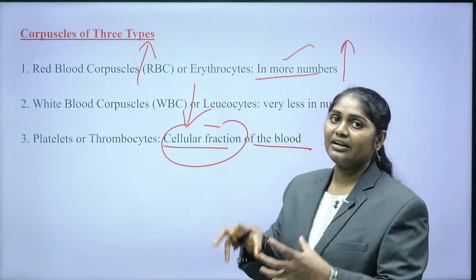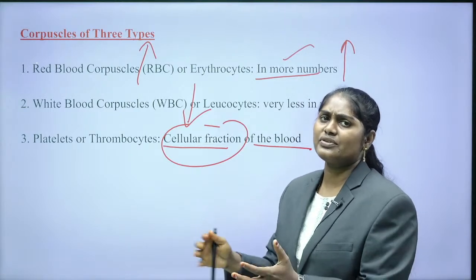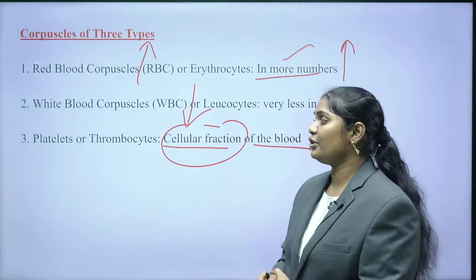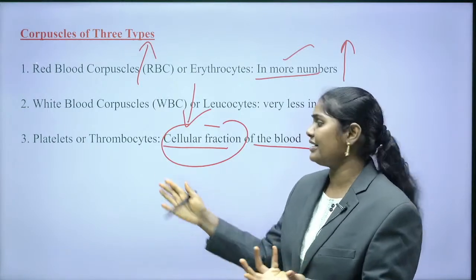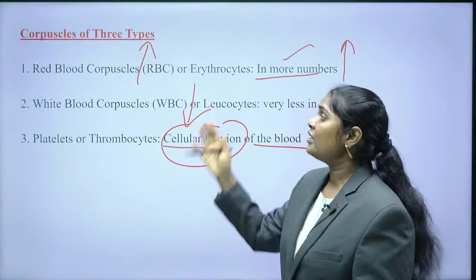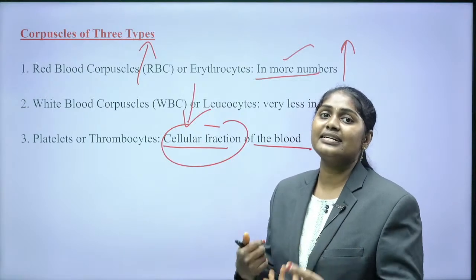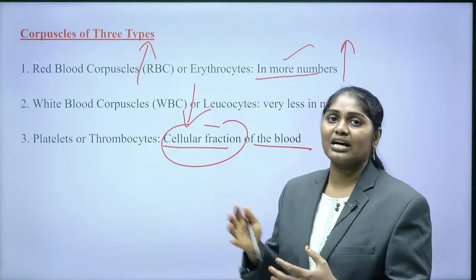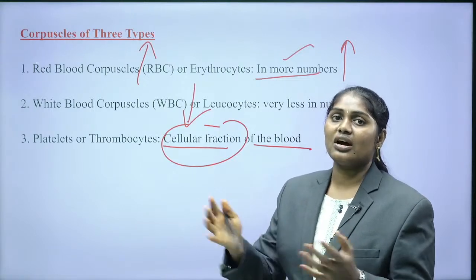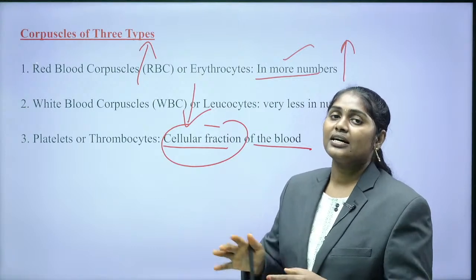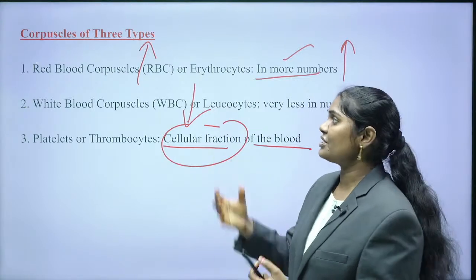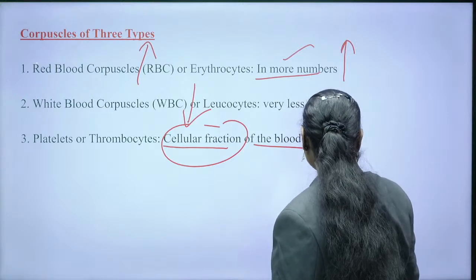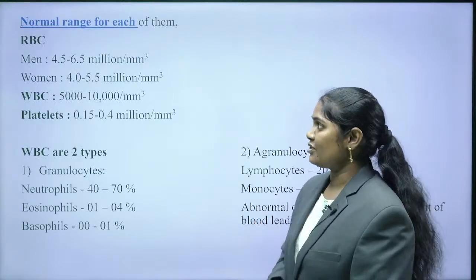They come into the scenario only when there is an injury, otherwise they do not have any work. RBC continuously has work. It carries oxygen and transports carbon dioxide to the lungs. The conversion of impure blood to pure blood is especially based on your red blood cells. Those are the three types of cells.